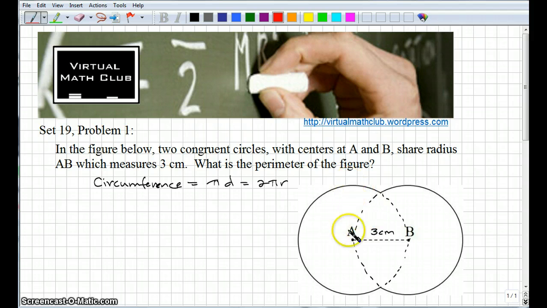I'm going to draw some more on this picture, because we can draw in a radius anywhere on the circle, and it's going to be 3 centimeters, because that's just the definition of a circle. It's the set of the points that are the same distance from a center point.